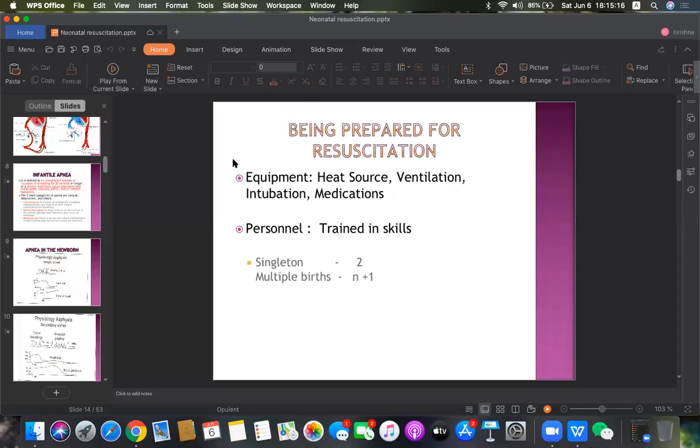Otherwise, naloxone is not considered that essential a drug during resuscitation, but we want it to be present inside the room. If it is needed, it is needed. We cannot go outside and buy naloxone when it is necessary. So it should be there. Okay, this is a good way. Lidocaine. Yes, lidocaine is also necessary.